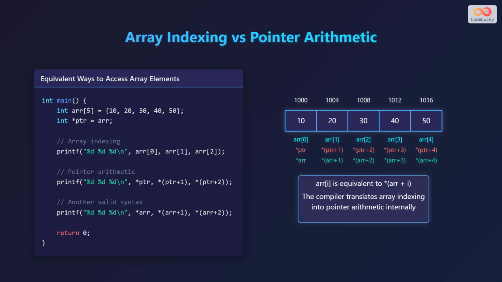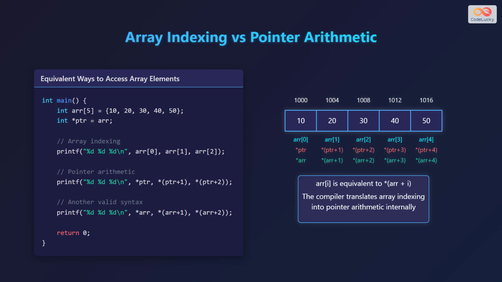Now let's explore how to access array elements using both array indexing and pointer arithmetic. Consider this C code. We have an integer array named arr, initialized with 5 values. An integer pointer named ptr is also initialized to point to arr. The code then uses printf statements to print the first 3 elements of the array using 3 different ways. First is array indexing using arr[0], arr[1], and arr[2].